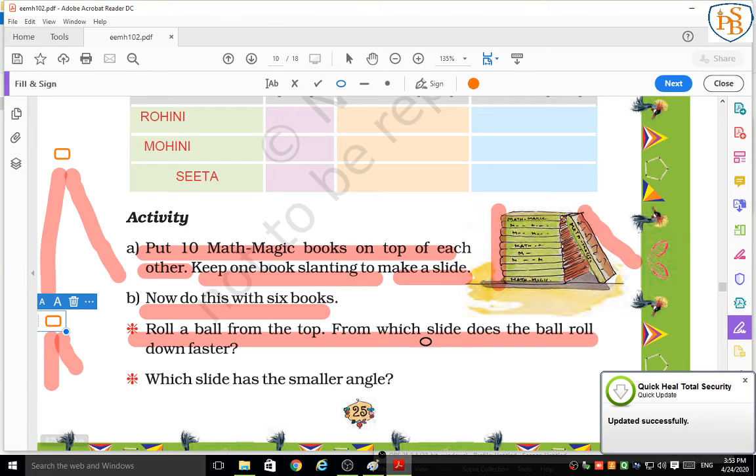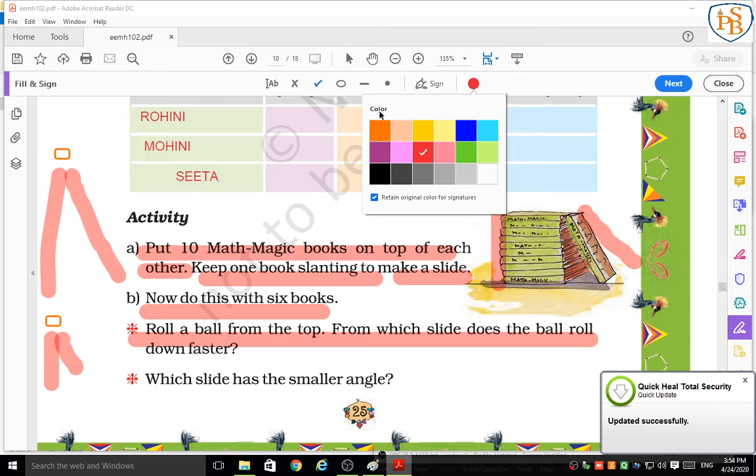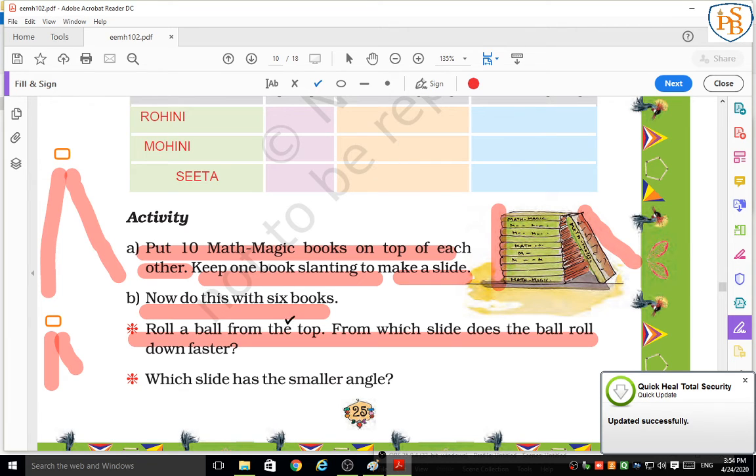Then tell me, from which slide does the ball roll down faster? Can you tell me, students? From which side does the ball roll down faster, 10 or 6? Yes, obviously 10. Why? Because the length, the height of this slide is bigger. Correct? So it rolls down faster from the 10 math magic books.